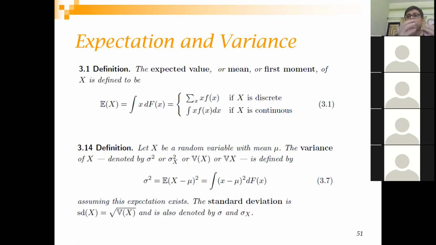So E of x squared means if you take a random variable x squared, what is the expectation, and then you find the expectation of x, which is of course mu, and then using this formula, E of x squared minus (E of x) squared, you can find the variance.